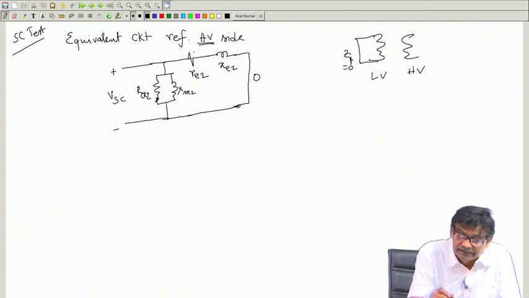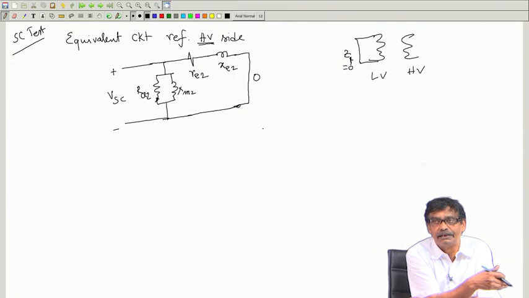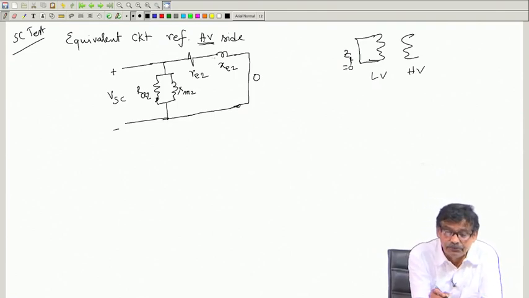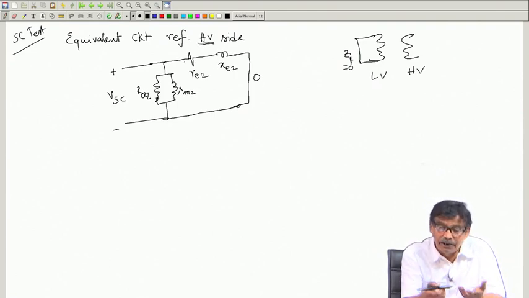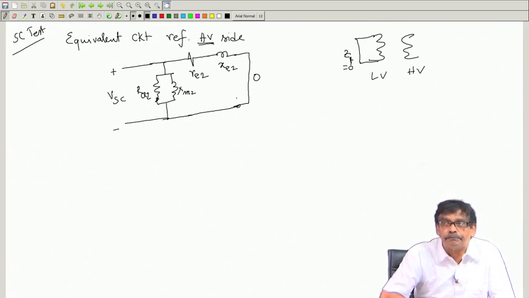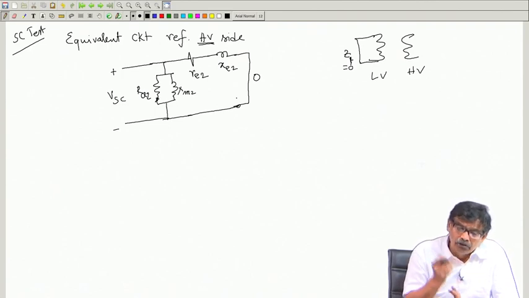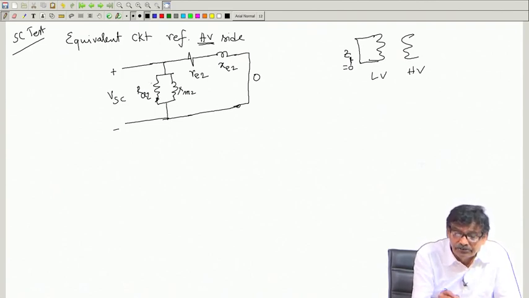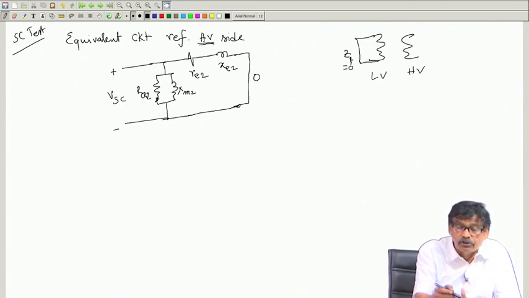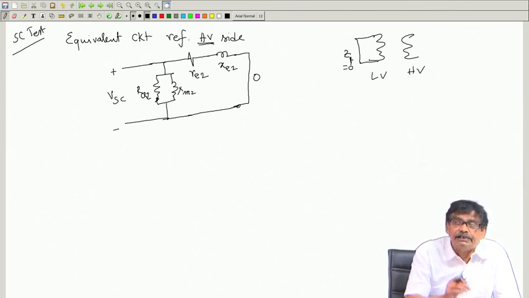Now, coming to the equivalent circuit and trying to establish the same thing. This RE2 and XE2 are quite small compared to RCL2 and XM2. These are high here, and also I am telling this core loss power can be neglected. Power in this resistance is your core loss during short circuit test, which is quite small, and that is also reflected in the equivalent circuit.